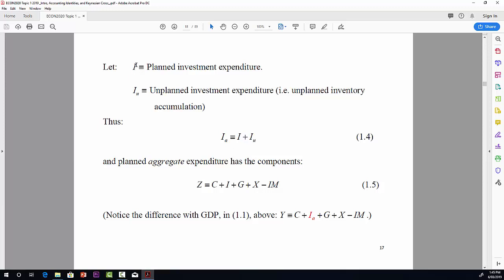Let I, capital I, be planned investment expenditure, and I with the subscript U be unplanned investment expenditure, by which we mean unplanned inventory accumulation. So we have another equation, 1.4, which is that actual investment is equal to planned investment plus unplanned investment.